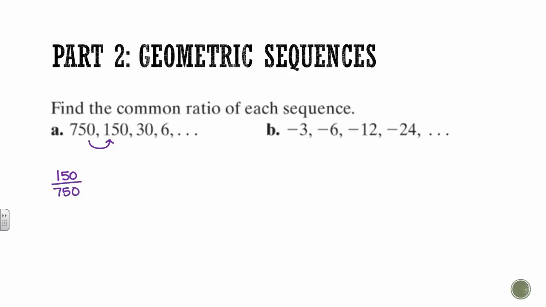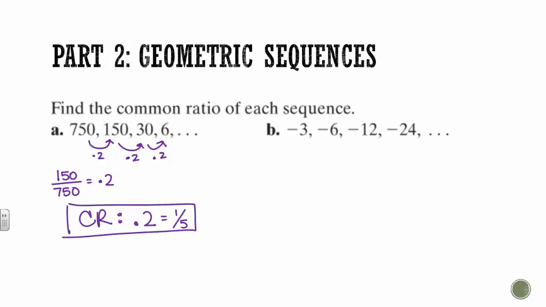So if I do 150 divided by 750, I end up with 0.2, or 1/5. And then make sure it's the same thing here. If I do 150 times 0.2, I should get 30, and I do. And same thing with this. So my common ratio for this one is 0.2, or we could say 1/5. Same thing.